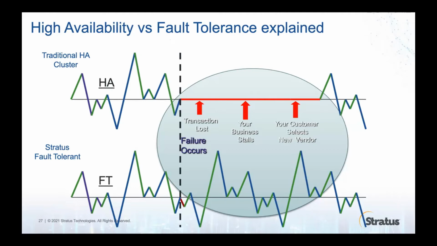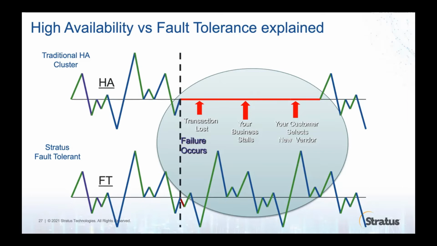So in a high availability system on the top, if a host or a node fails, then all your applications will restart on the second node. That is the red flat line that you will see. That depends on how long your applications take to start up, because remember, your operating system needs to start up as well as your applications. So that can take anything from 3 minutes to 15, 20 minutes to get fully running on the second node.